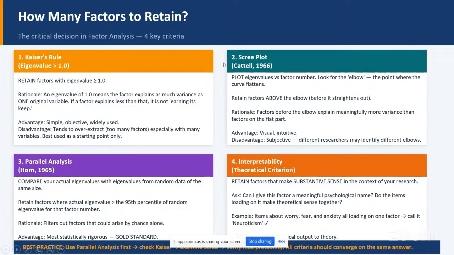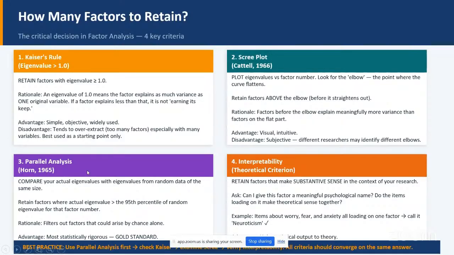Then the scree plot is a visualization. I will show it and explain it. If you plot the eigenvalues, you look for the elbow. Before the elbow we consider only those factors that are useful for us. After the elbow, the eigenvalues will be less than 1, so we will not bother about those.